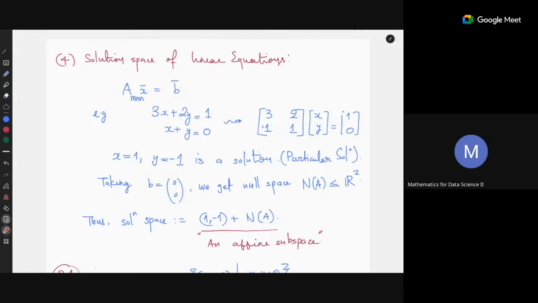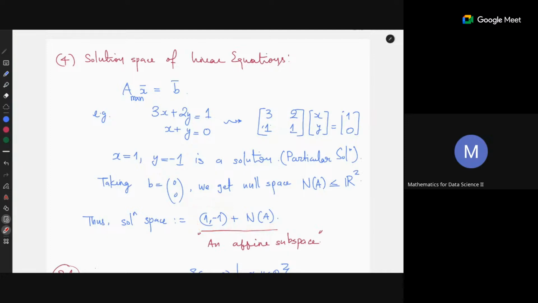While doing so, solving the system of equations is equivalent to finding the null space of A, which is going to be a subspace of R2, because you only have two variables. And your solution space will be nothing but the particular solution plus the null space.